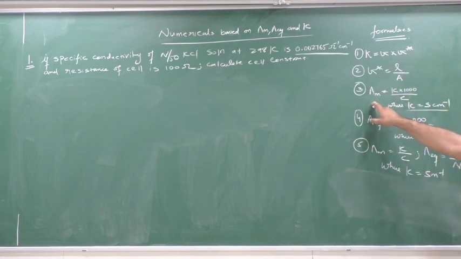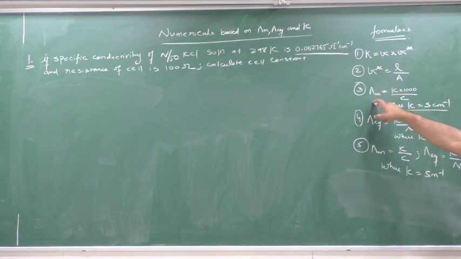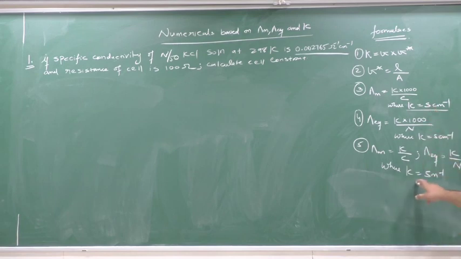Another formula for lambda m, the molar conductivity, is k1000 upon C. This formula should be used when K, the conductivity, is given in Siemens per centimeter. But if the conductivity K is given in Siemens per meter, then use the formula K by C. Similarly, for lambda eq, the formula is k1000 upon n, where n is normality, when K is in Siemens per centimeter.